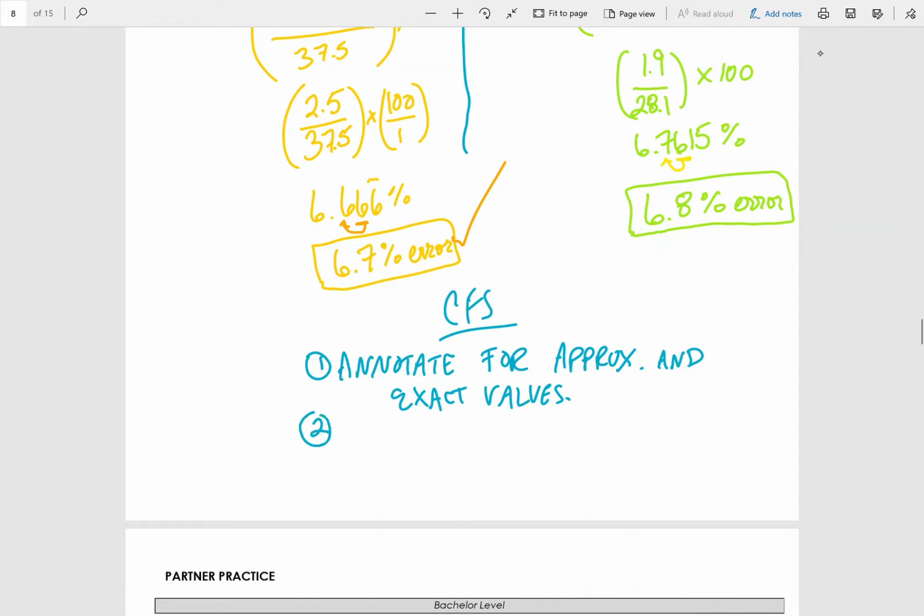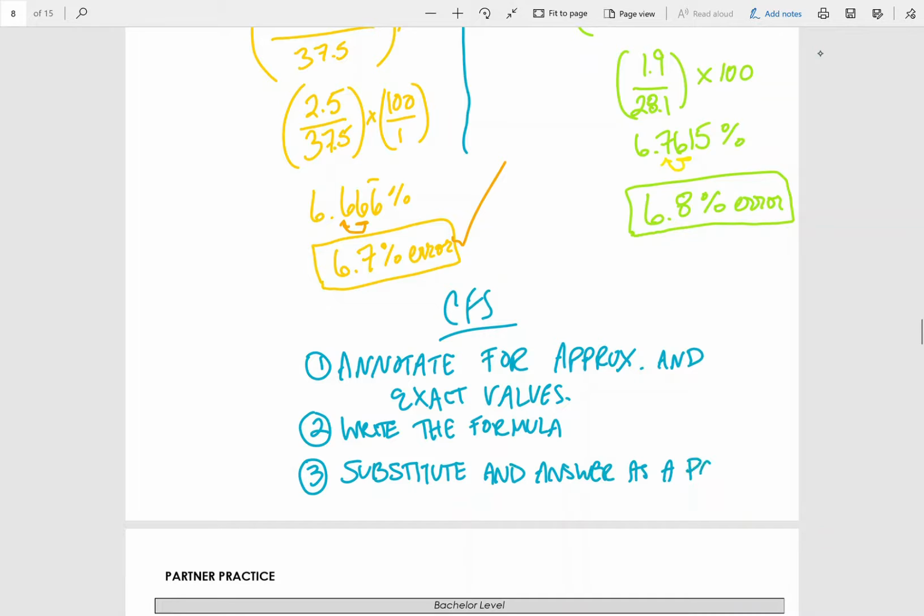And number 2, we need to write the formula. And then number 3, we need to substitute and answer as a percent. Again, we don't have to do anything after we plug it in. We just need to make sure that we write that percent sign. And there you go. You guys can nail it every single time.